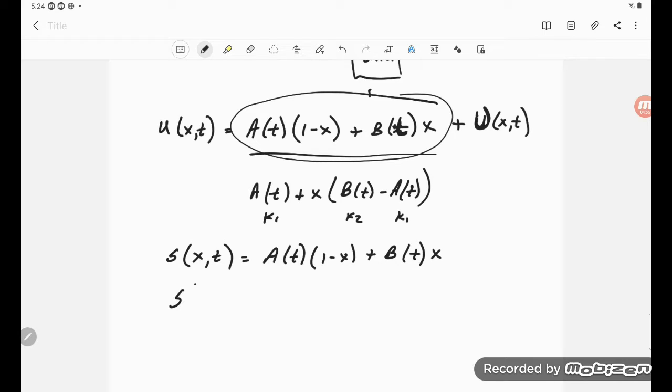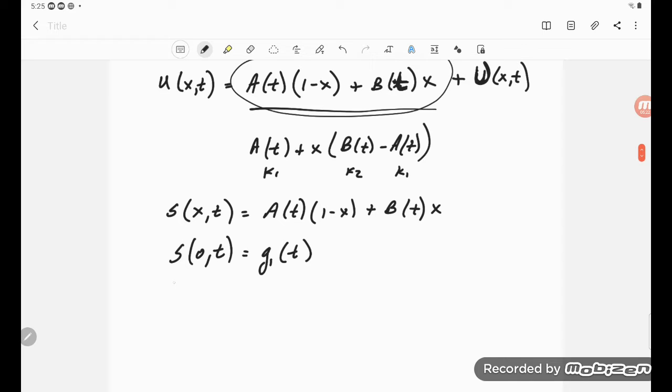So we have s of 0 and t. Well, I guess they're just pointing out that needs to be g1 of t in their work, and then s sub x of 1 and t plus h s of 1 and t needs to be g2 of t.